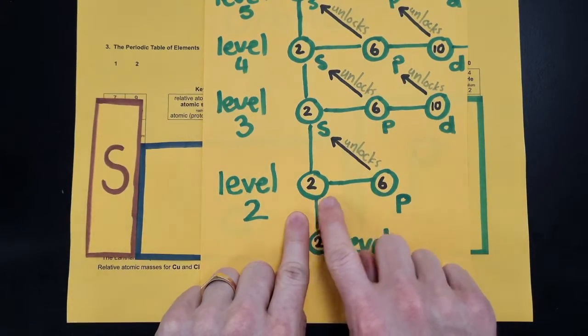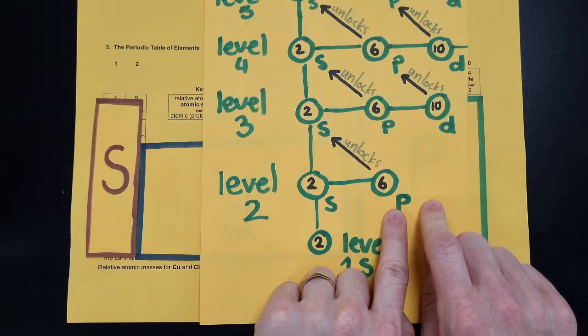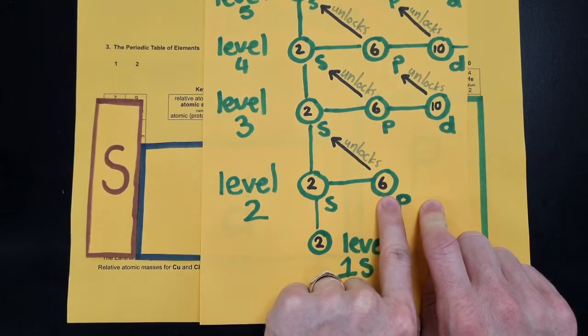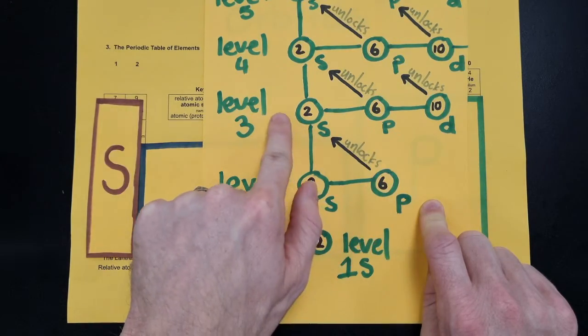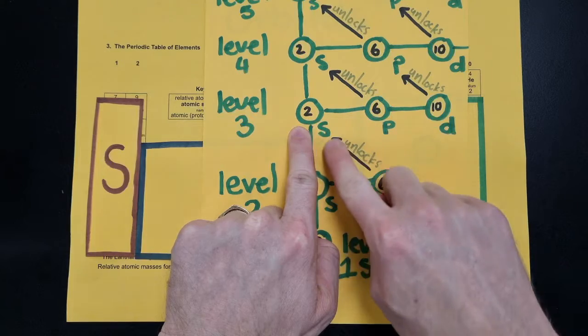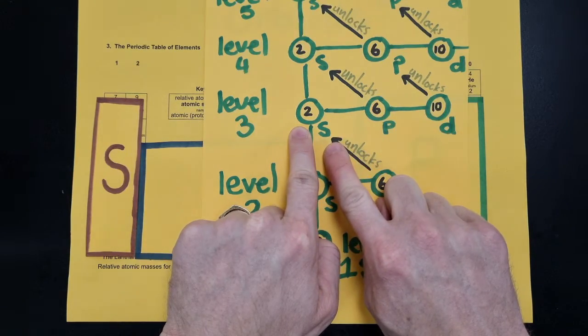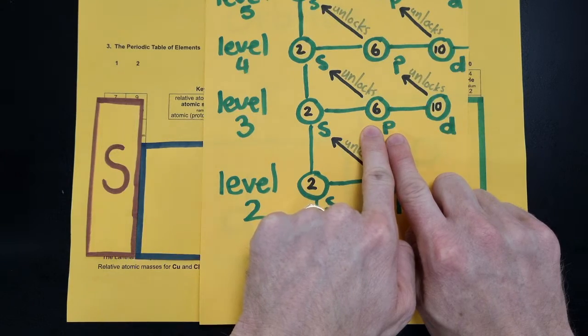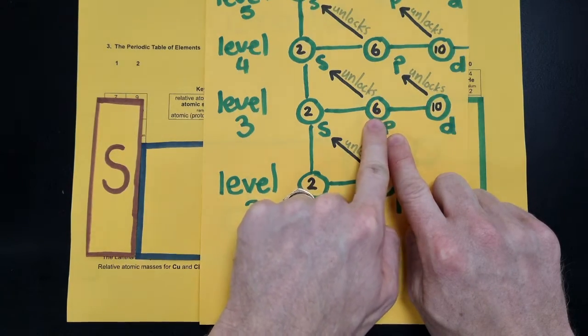From level 2S, we can progress to level 2P. This requires 6 energies. Finishing this one and filling up this gap unlocks 3S. We can actually progress up to level 3. Once again, this is worth 2 energy. And we can then progress to 3P, 3P being worth 6 energy.